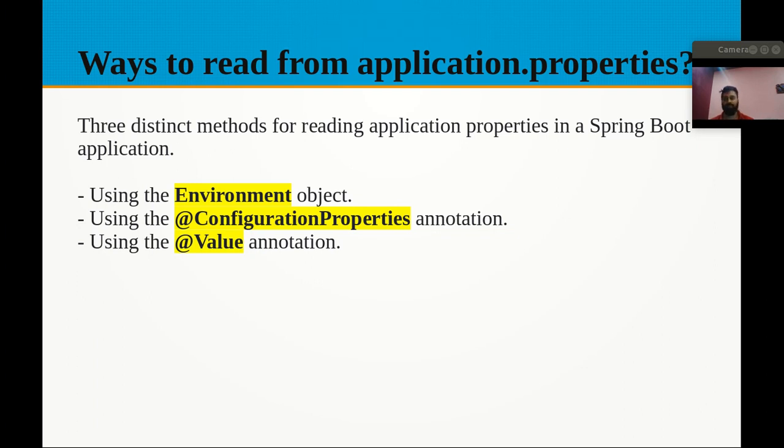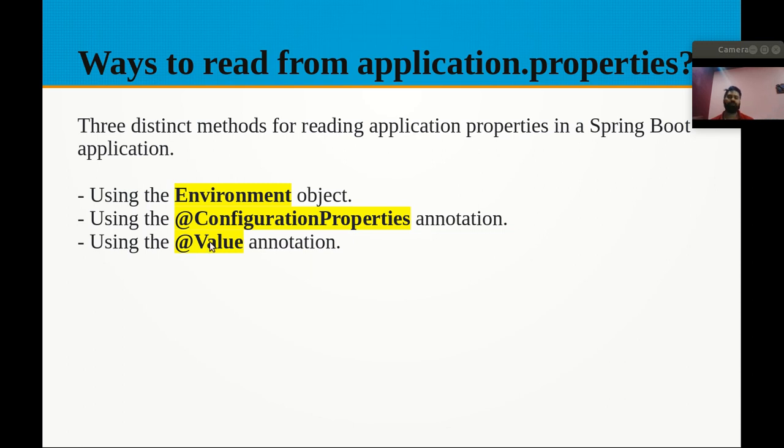We use the configuration properties approach when we have lots of data to read, so that it maps directly to a Java POJO class, and then we simply use the getter method.